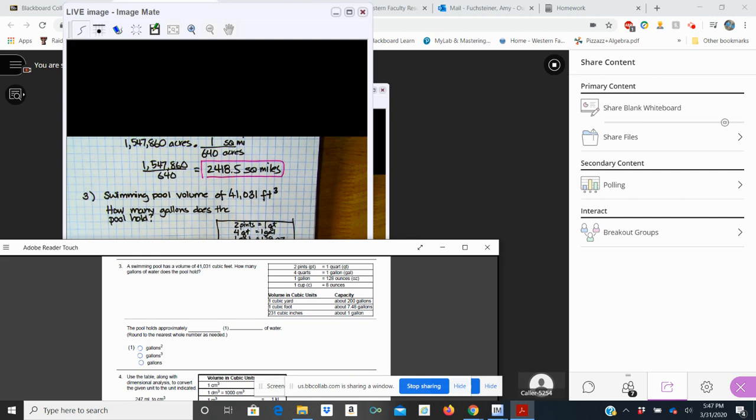And then below that, it says 1 cubic yard is about 200 gallons. 1 cubic foot is about 7.48 gallons. And then it's got 231 cubic inches is about 1 gallon.